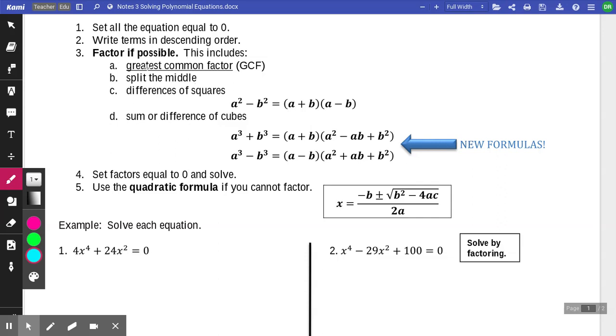So as far as factoring goes, that is just rewriting as multiplication. Different strategies we might use. Greatest common factor is a good one to look for. Do all terms have something in common? We'll check for that and bring it out if there is one.